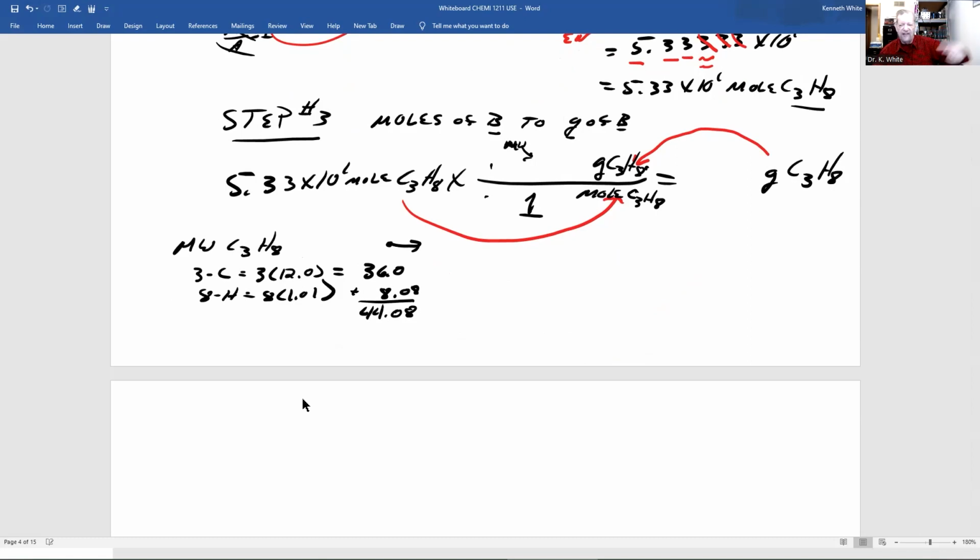You don't touch the left, just the right. This has one significant figure to the right of the decimal. This has two. Your answer should have the same number of significant figures to the right of the decimal as the number that has the fewest.